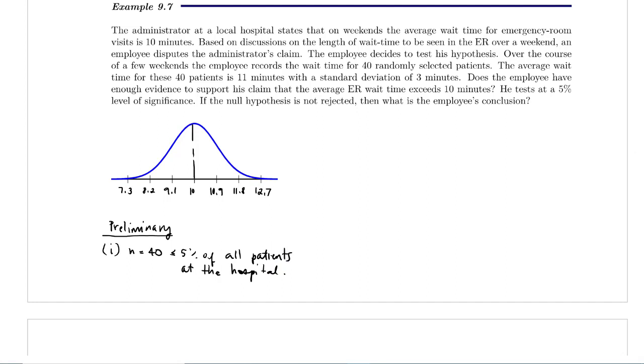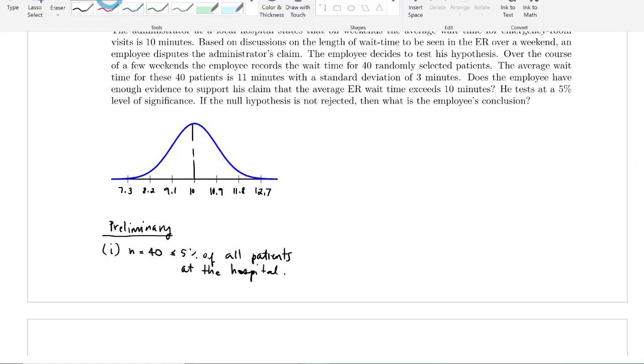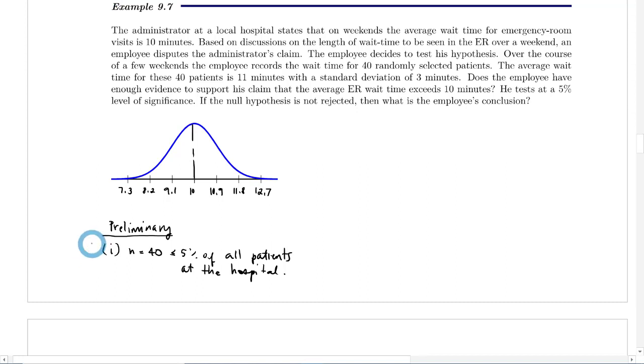And yeah, we can assume definitely that 40 is much less than probably all the patients in the emergency room in the hospital. And then number 2, n equals 40 has to be greater than or equal to 30. And so that's obviously true. And so we're okay with the preliminary.